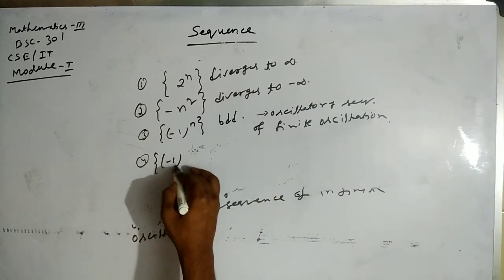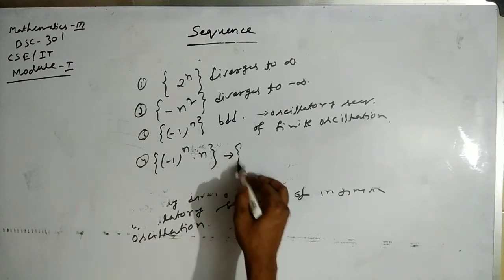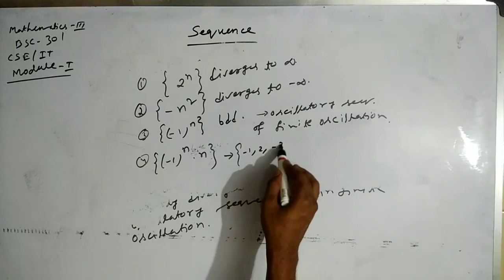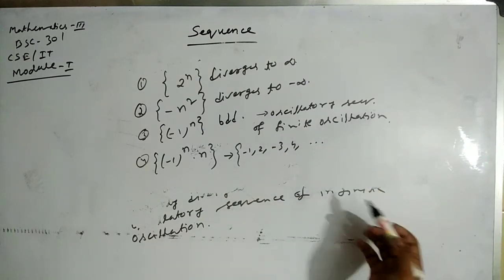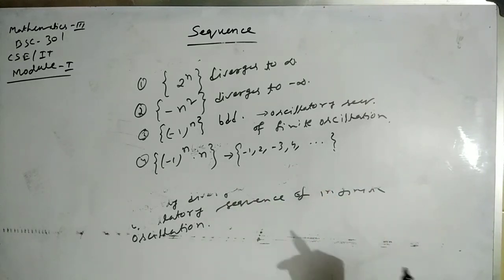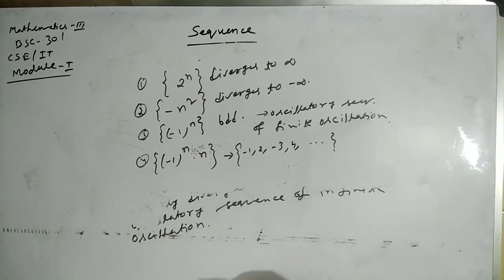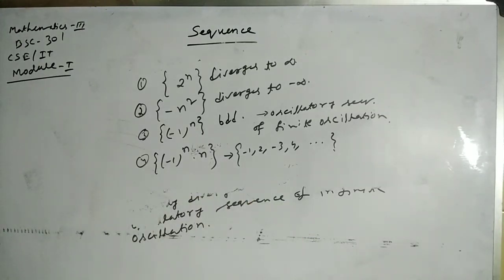Now minus 1 to the power n into n. The first element will be minus 1, then 2, minus 3, 4. I have also given this example before. So this sequence is unbounded. Clearly it is unbounded. Infimum is minus infinity and supremum is plus infinity, unbounded above and below both. Okay, but it is not properly divergent.